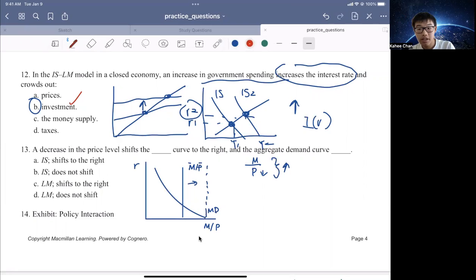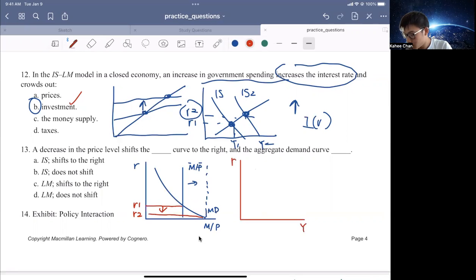Which means that the interest rate is going down from R1 to R2, right? Of course, it affects the LM curve. So remember to go down.